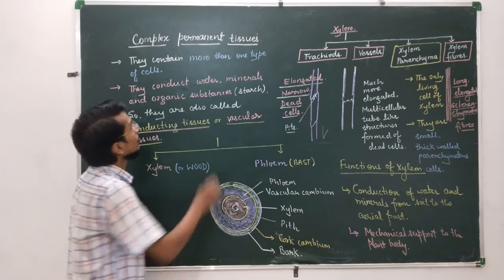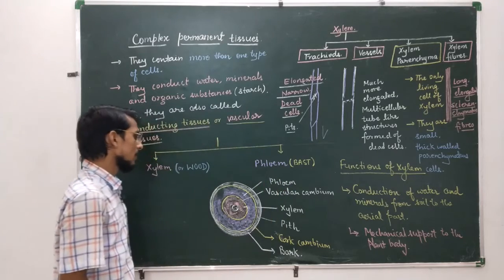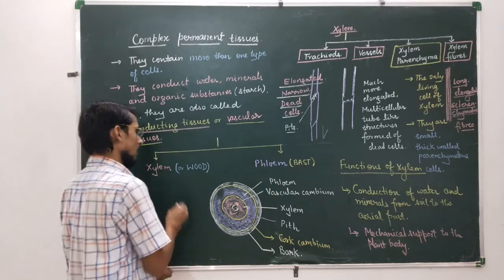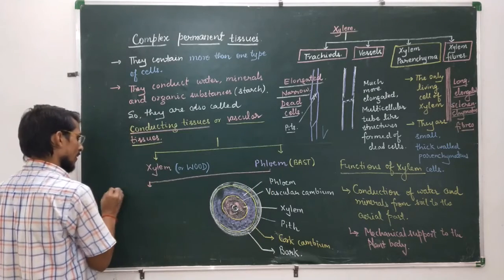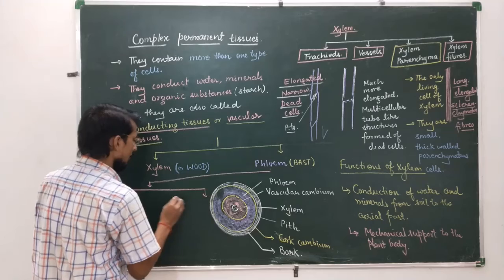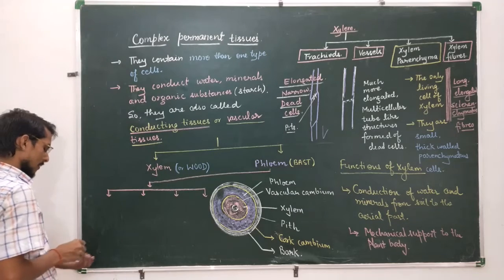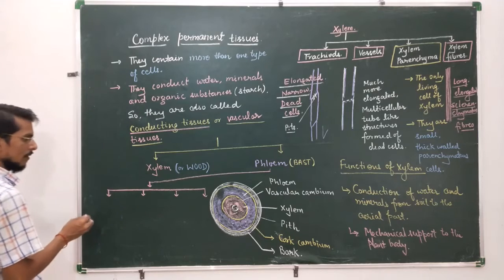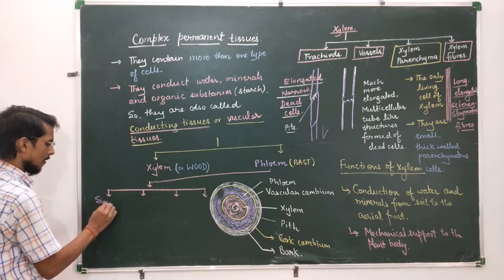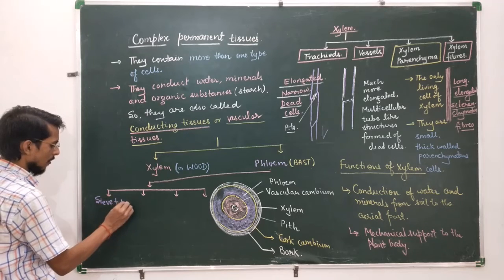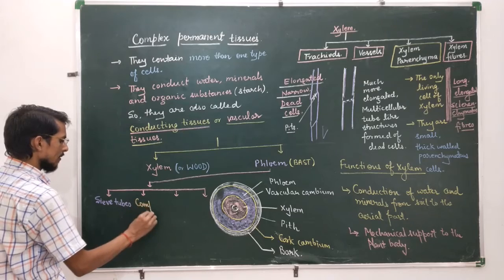The next complex permanent tissue is phloem. So let us see about phloem. I can write here. Okay. It is not in detail. So phloem consists of 4 types of cell actually. Number 1, sieve tube. Second one is companion cells.